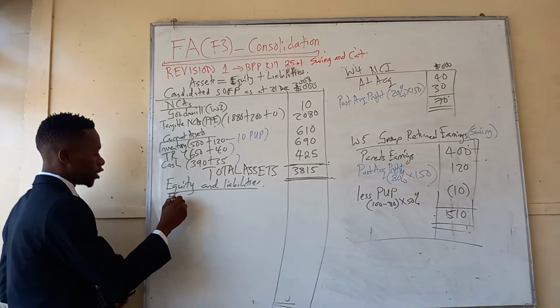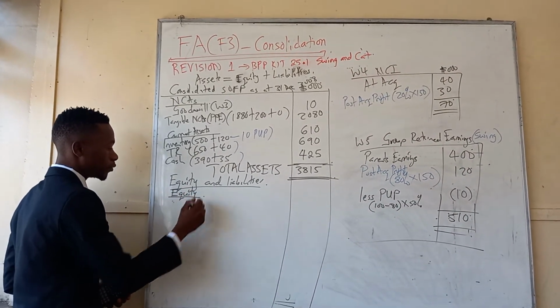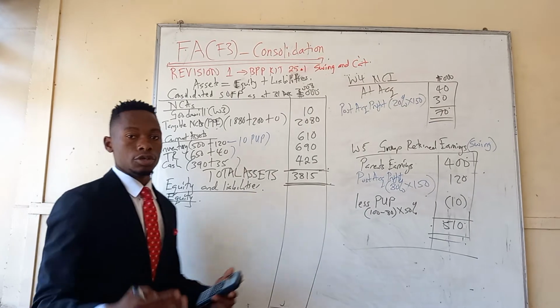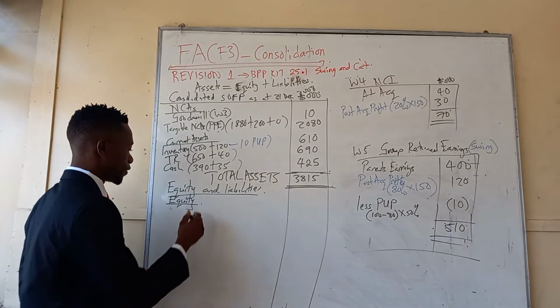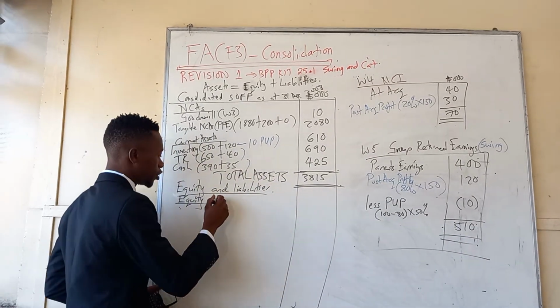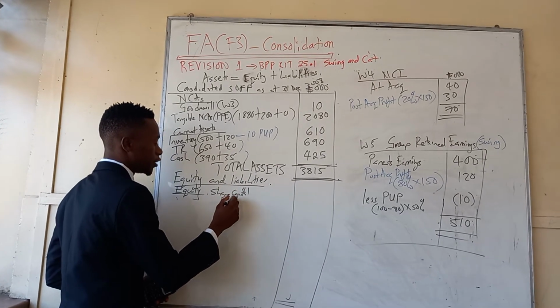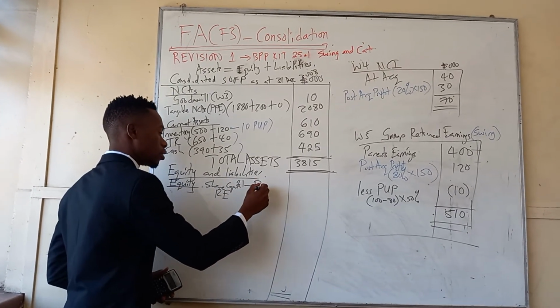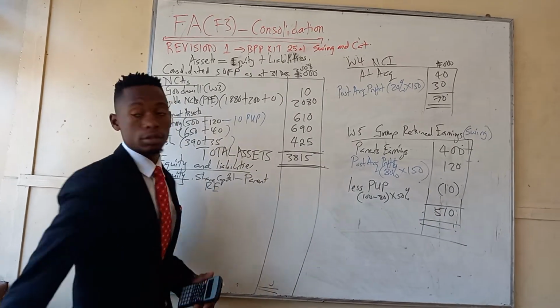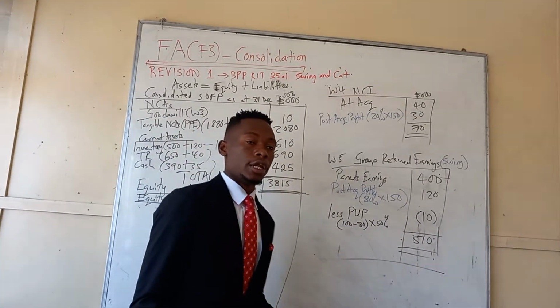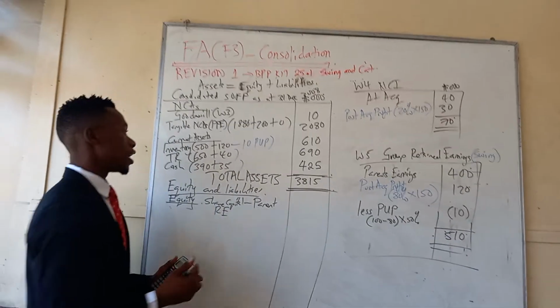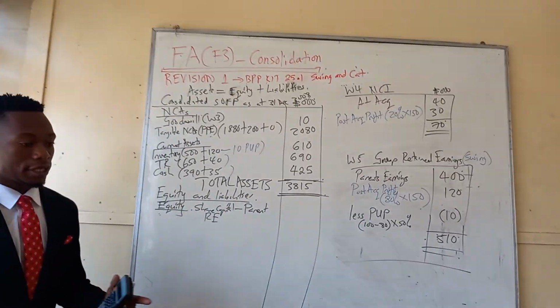We start with the equity. The equity, you just copy and paste. What do we have? We have the share capital and the retained earnings. Your capital, you record. Now, yes, we said that consolidation means adding together.